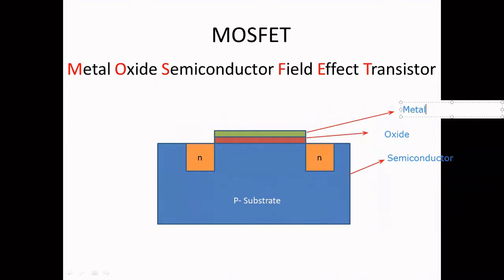So totally I have three layers: metal layer, oxide layer, and semiconductor layer. Only because of this it has the name metal oxide semiconductor, MOS. It is called the metal oxide semiconductor field effect transistor.